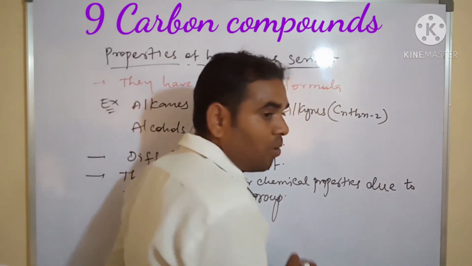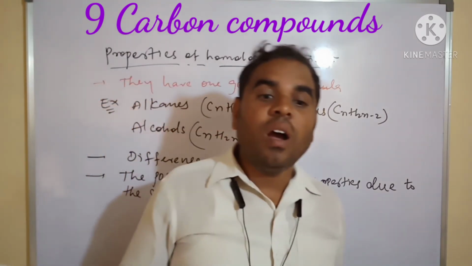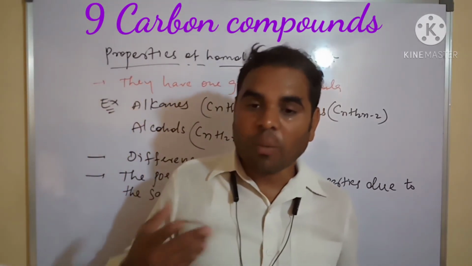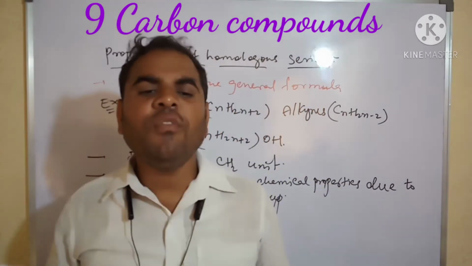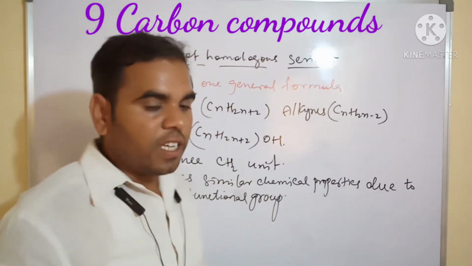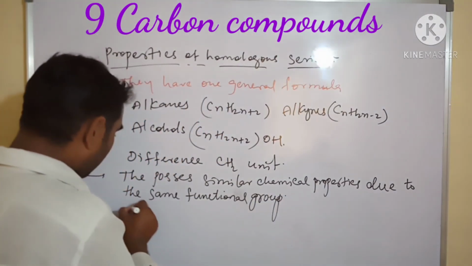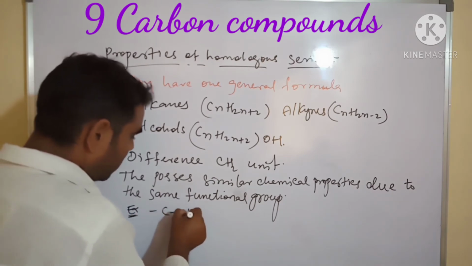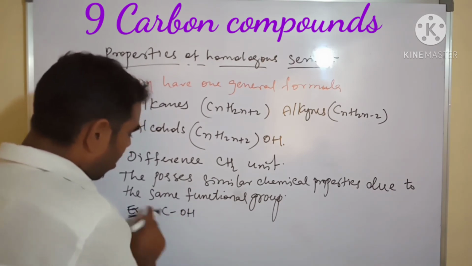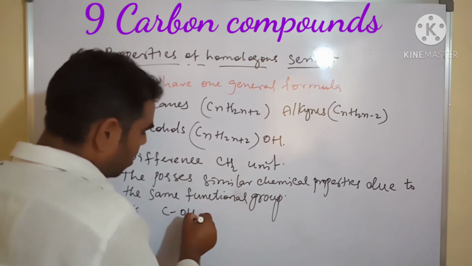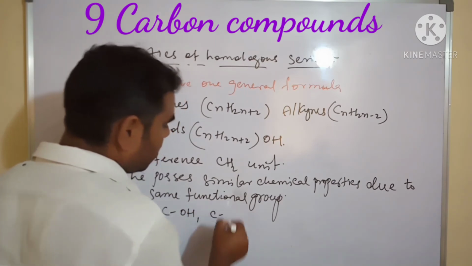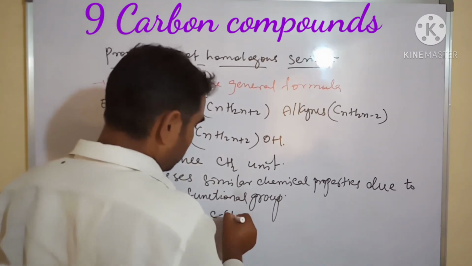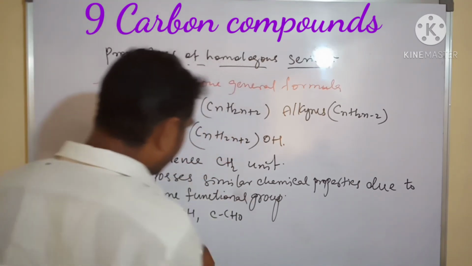For example, they possess alcohols, aldehydes, carboxylic acids. These are functional groups. For example, OH: these are alcohols. And CHO: this is an aldehyde.